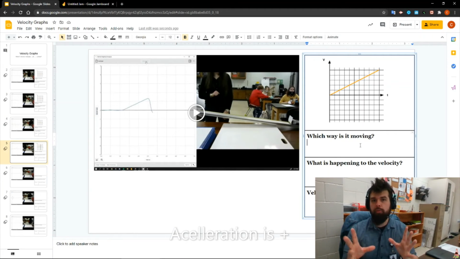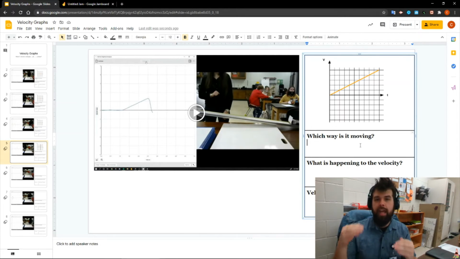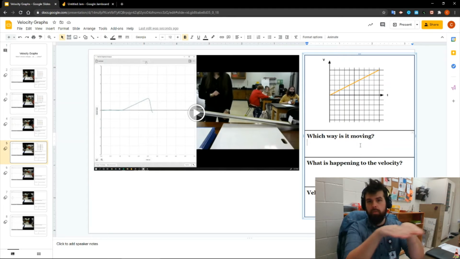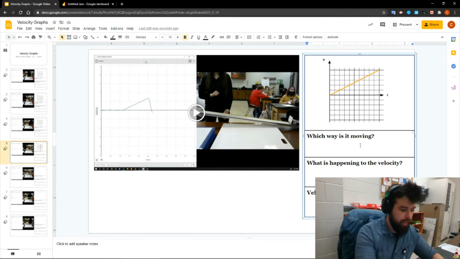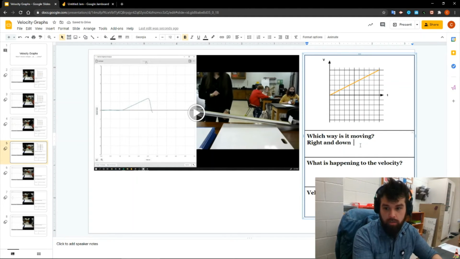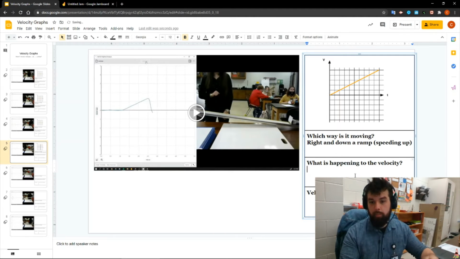So when we talk about the movement, it's going to be important to be specific now, because we don't just have movement from left to right. Now we're going down a ramp. So we're moving right and down a ramp. I'm going to put in parentheses, speeding up. And what happened to the velocity?